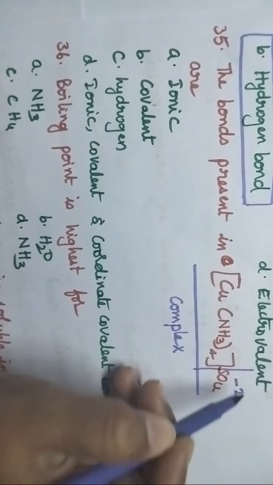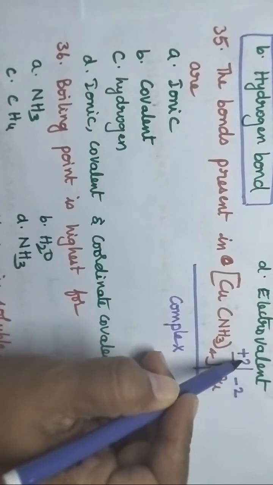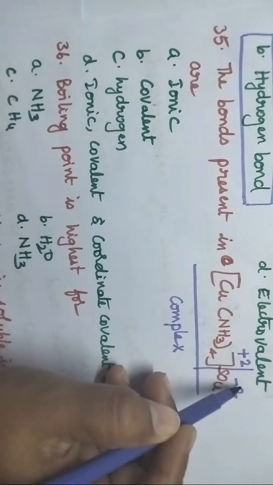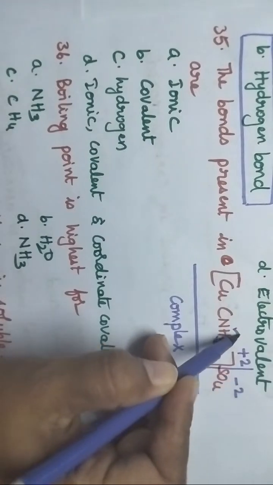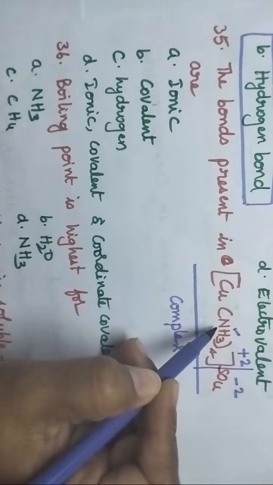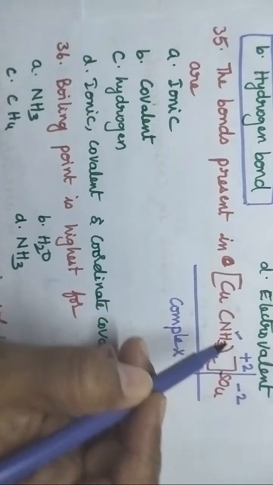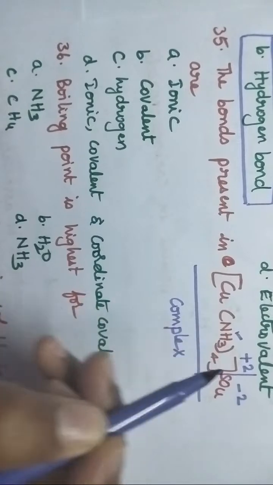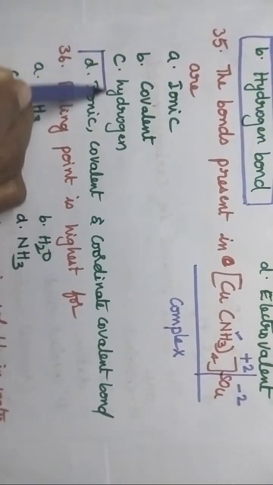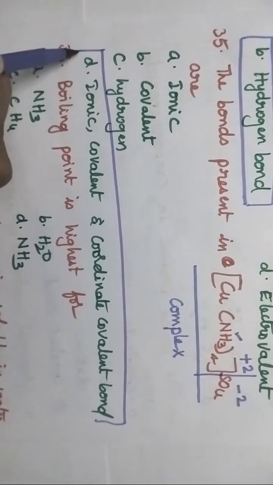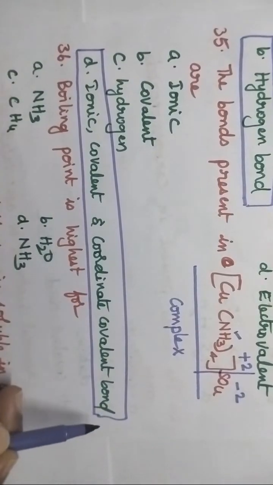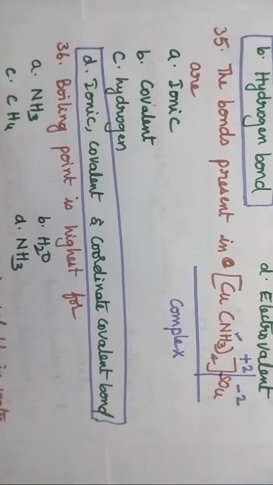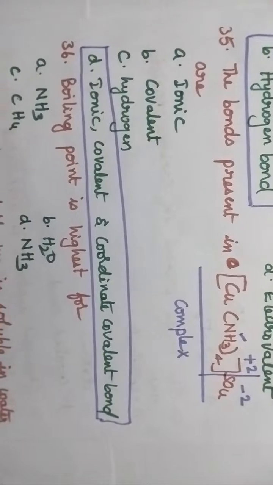Sulfate carries -2 charge. So this complex ion carries +2. In between, ionic bond is present. Here, ammonia contains covalent bond between the copper and ammonium ions. A coordination covalent bond is present. So option D, it contains all the three types of bonds: ionic, covalent and coordination covalent bonds.